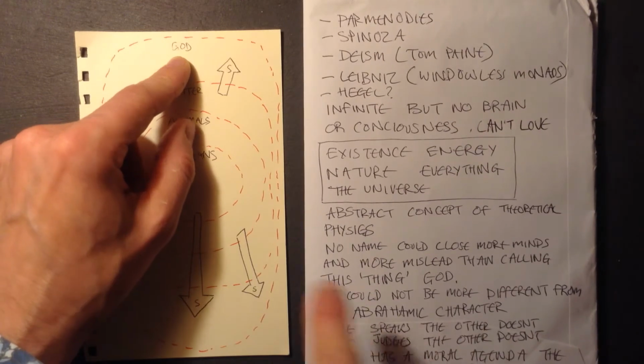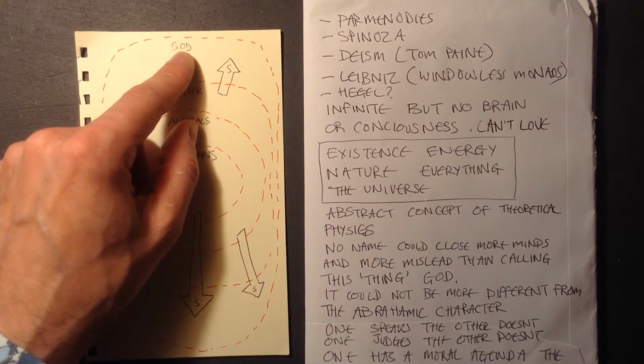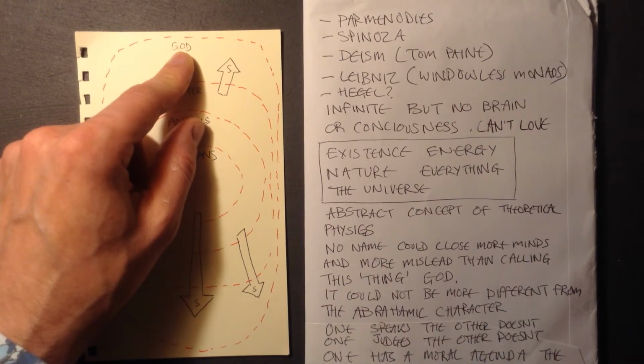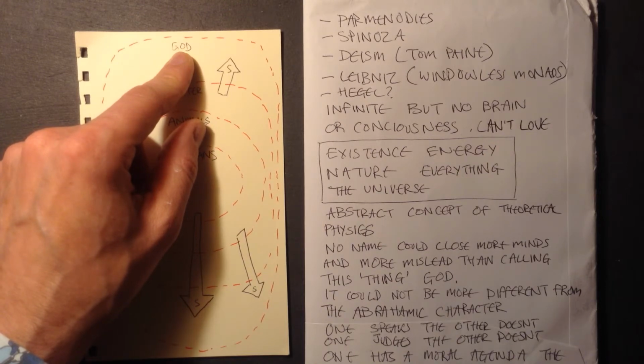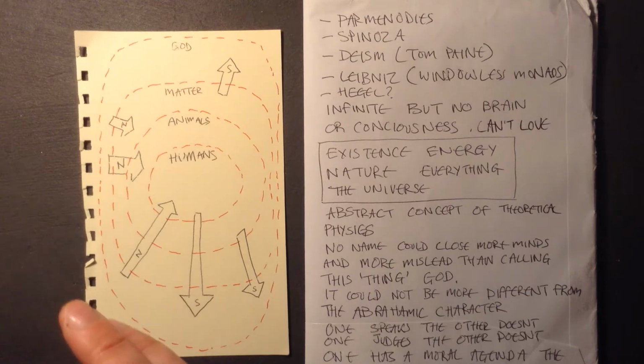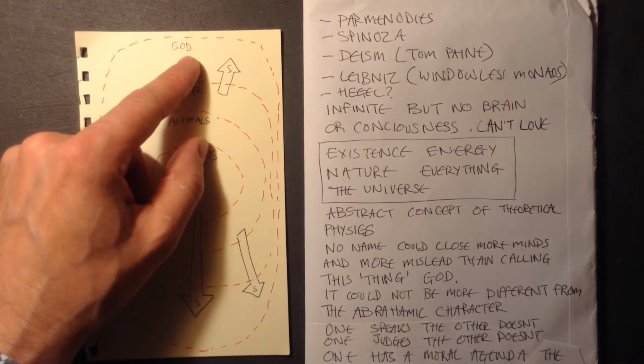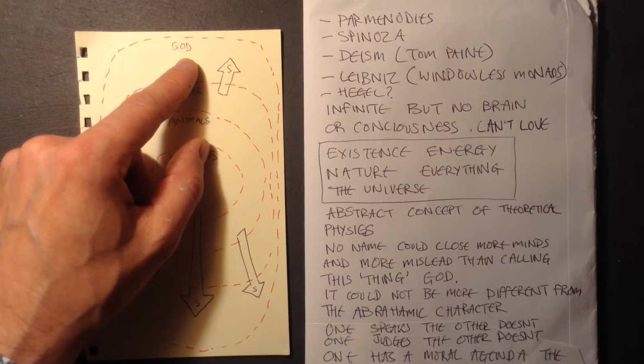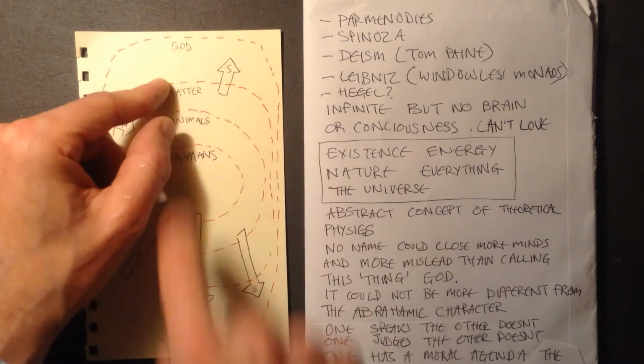So this thing could not be more different than the God of the Abrahamic texts. The God of the Abrahamic text speaks, this one doesn't. The God of the Abrahamic text judges, this one doesn't. The God of the Bible, the Quran, the Old Testament, New Testament has a moral agenda, this one does not.